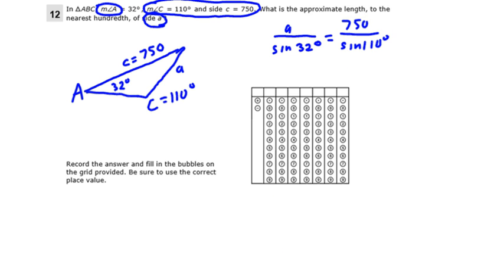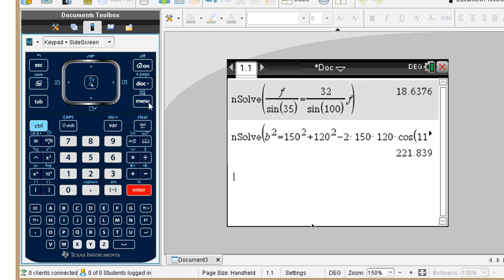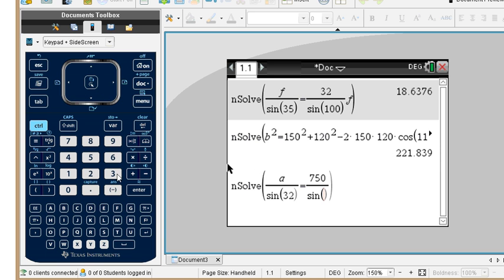So we can just set this up now in our calculator. We go to menu 3.1, and we put in a, which we would like to know, is to the sine of 32 degrees as 750, which is side C, is to the sine of angle C, which is 110 degrees.